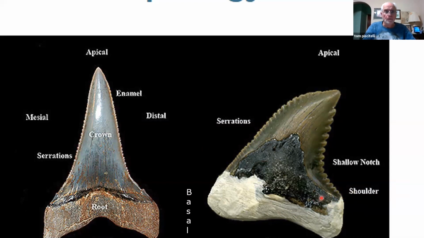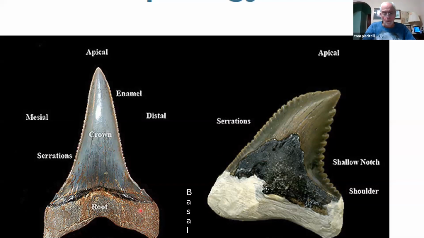You see how that tooth is indented with a notch, and then it begins to flare out horizontally more than vertically, and so that's called a shoulder. The notch, the indentation in the crown, causes it to narrow. The tooth on the left shows that the root and crown can match up evenly.